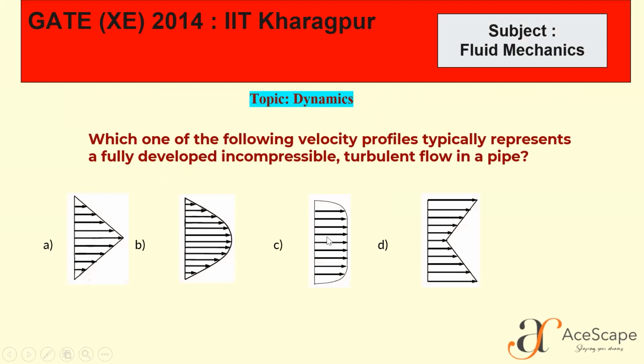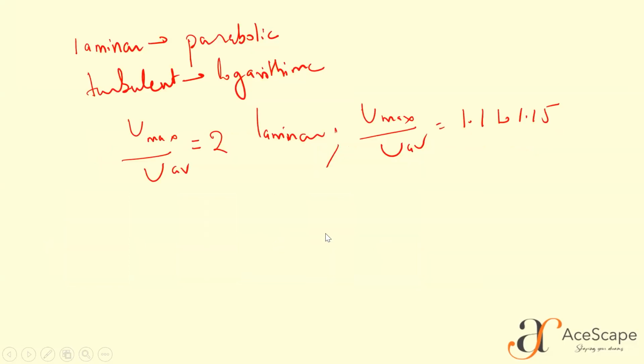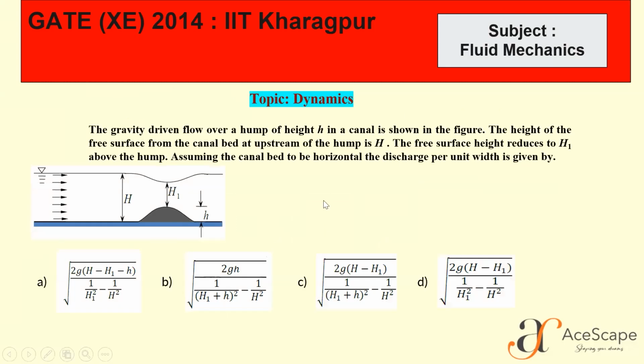So option B is for the laminar case, and option C is for turbulent. So from this also we can get the solution. I hope you understood this.